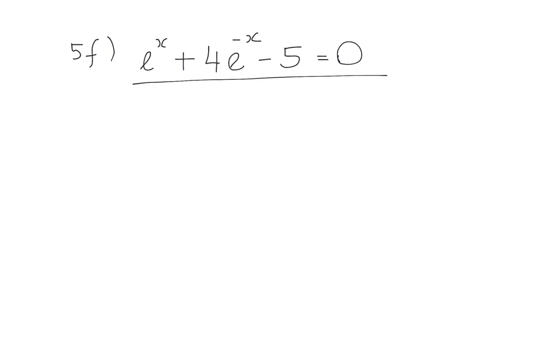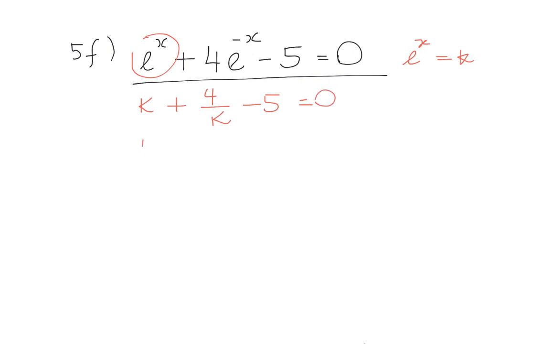Now I want to analyze. I see that there is an e to the x, there is an e to minus x. I can, if it's easier, use a k substitution. So I will have k plus 4 over k minus 5 equal to 0.